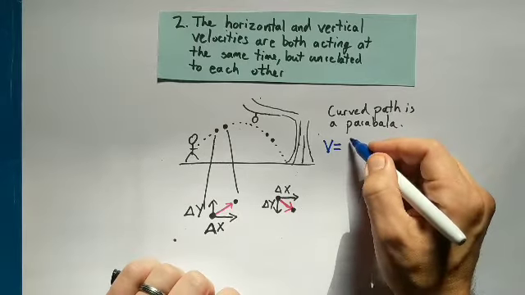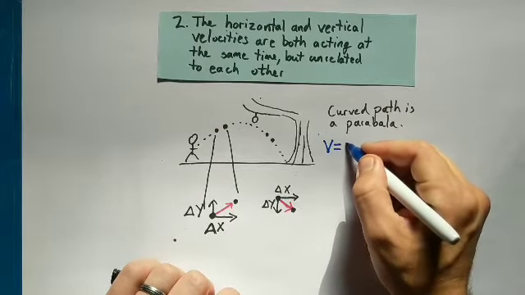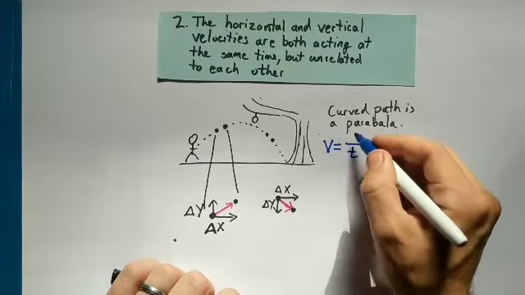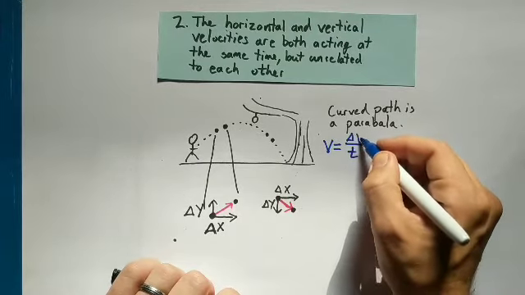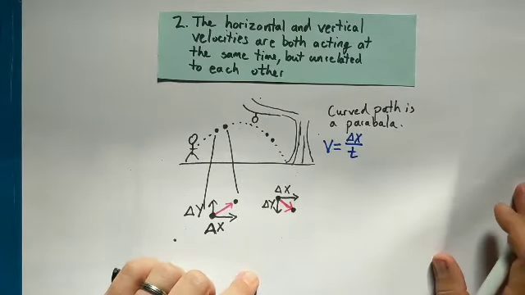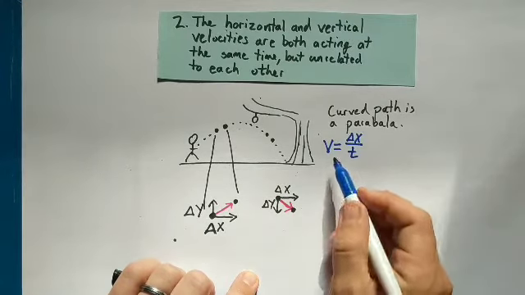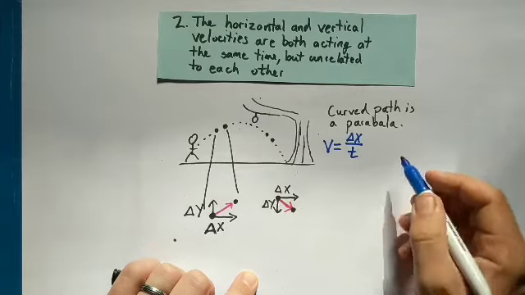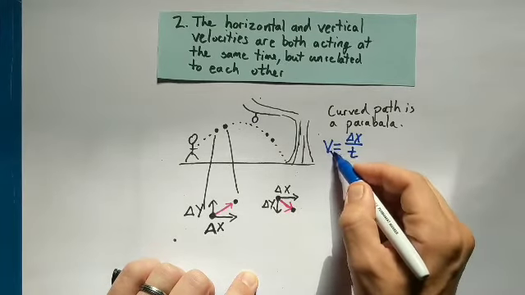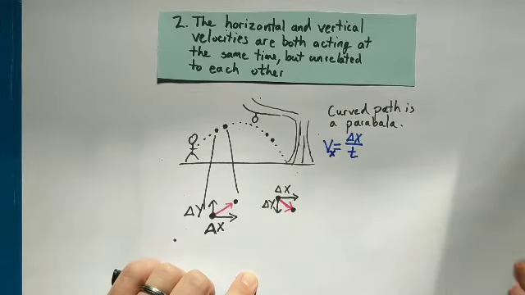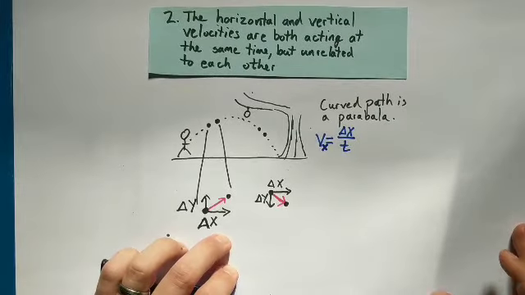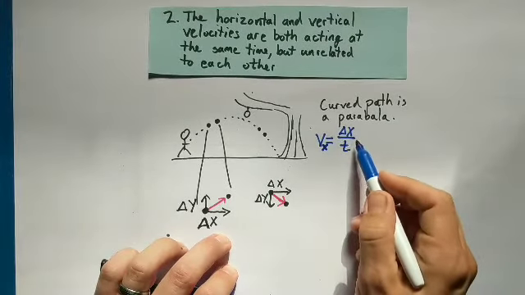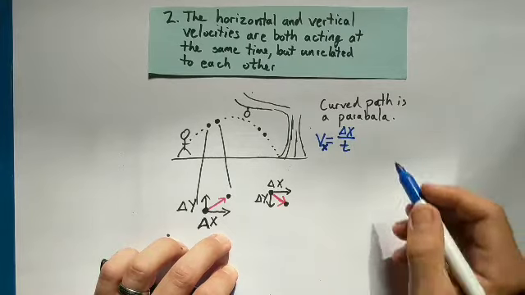Velocity is displacement over time. Displacement, we have always said displacement is delta x. So if you're moving horizontally, you would have a delta x displacement. So if I'm moving, I have a velocity in the x dimension, v of x. Then that is change in position in the x dimension over time.